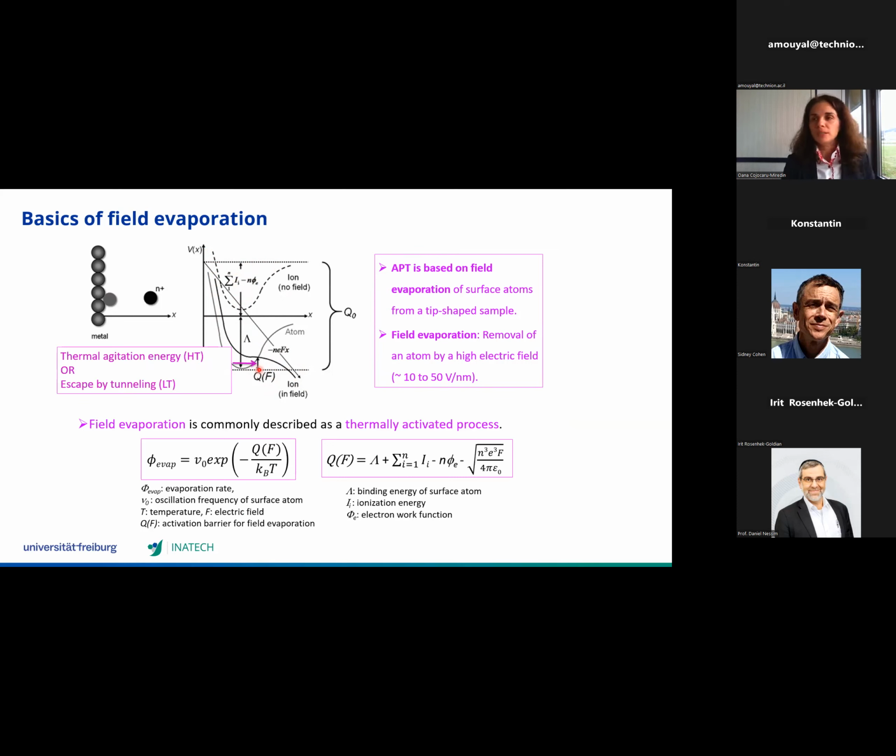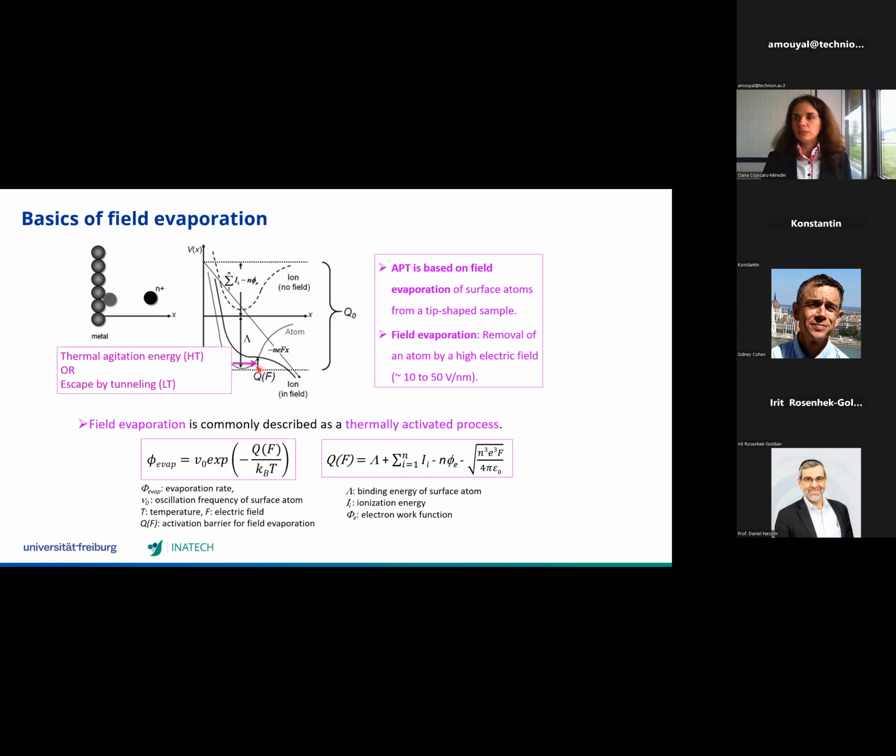There are two ways of overcoming this potential barrier, and this depends very much on how we use the atom probe. If we apply the laser mode, then we are in a high temperature condition, and to overcome this potential, we say that we are overcoming it through thermal agitation energy.